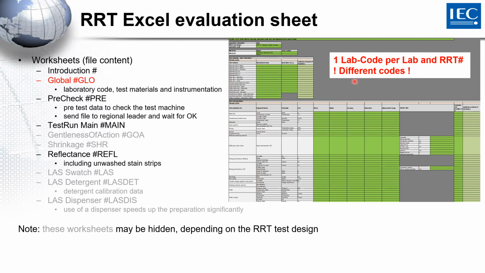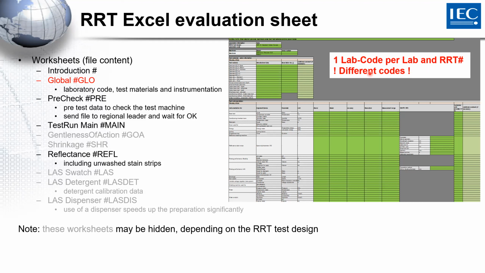And as I said before, if you are participating in more than one round robin test design, for example, if you are participating in round robin test 1, that is the cotton part, and in 6 and 7, that is the wool part, that means for these round robin test designs, you have different files, but not only different files, you have a different lab code for each round robin test.